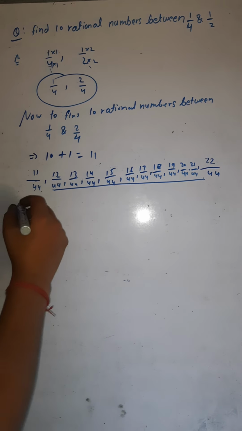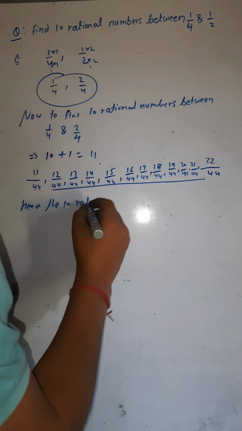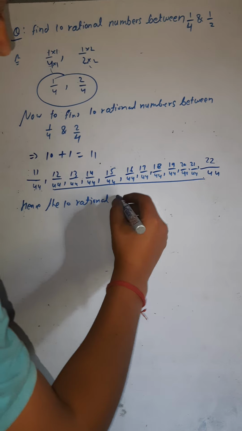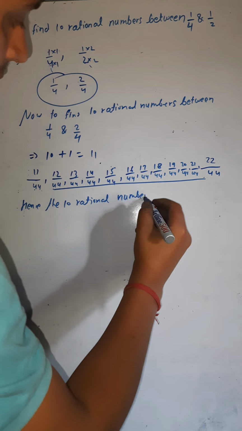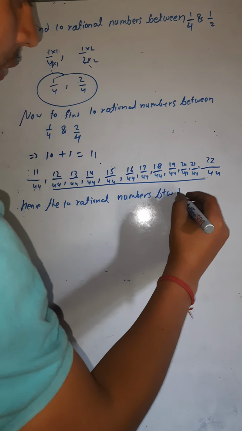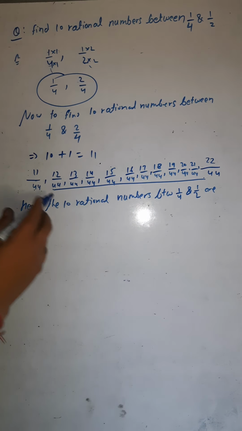Hence the 10 rational numbers between 1 by 4 and 1 by 2, what are the numbers?